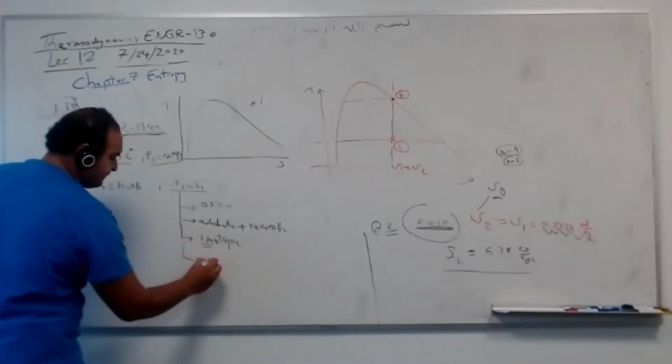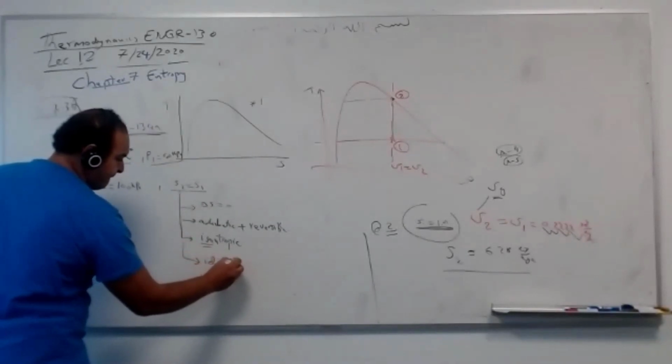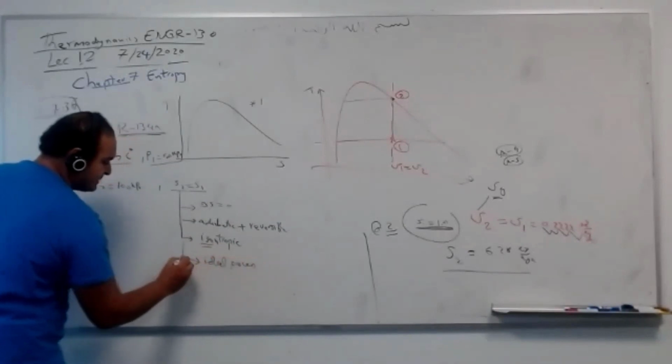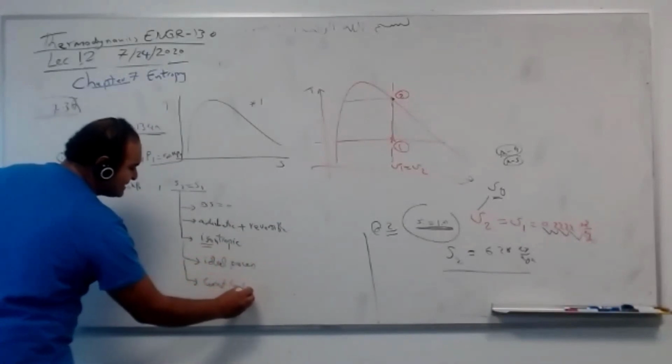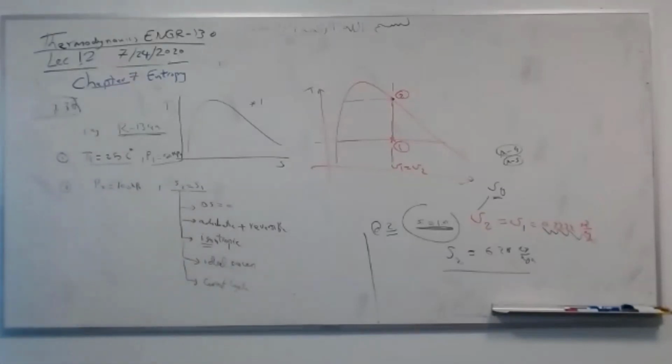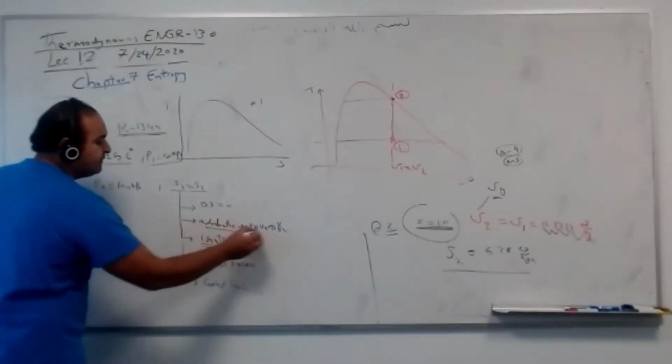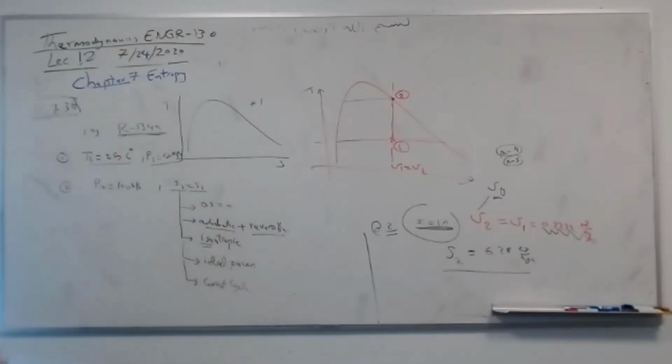It's an ideal process. For example, in a Carnot cycle, all of these mean the same thing: delta S is 0. As long as you don't have heat and it is reversible, you have delta S equals 0.